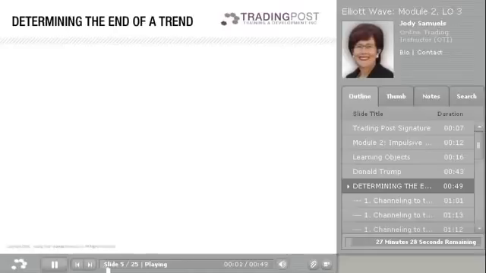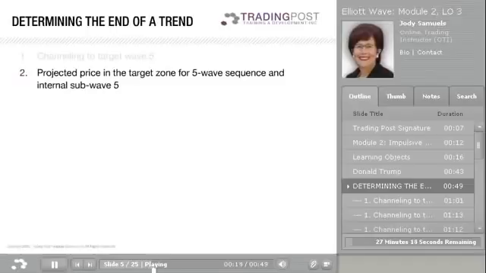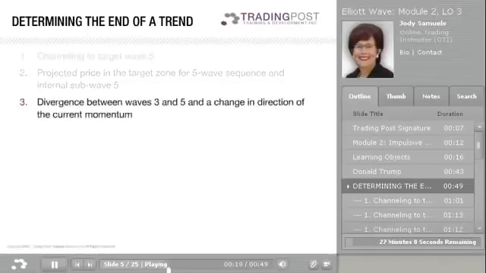There are several methods of determining the end of a trend. They include: 1. Channeling to target wave 5. 2. Projected price in the target zone for 5-wave sequence and internal subwave 5. 3. Divergence between waves 3 and 5 and a change in direction of the current momentum. 4.